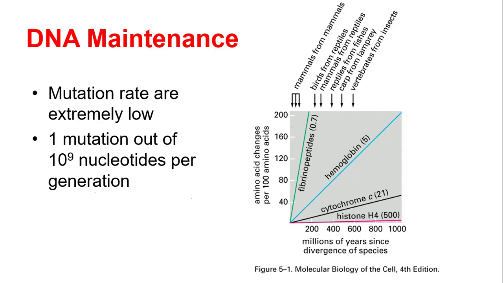That is why you can see here one mutation out of 100 million nucleotides per generation will actually occur. That is what is depicted here in this cartoon.